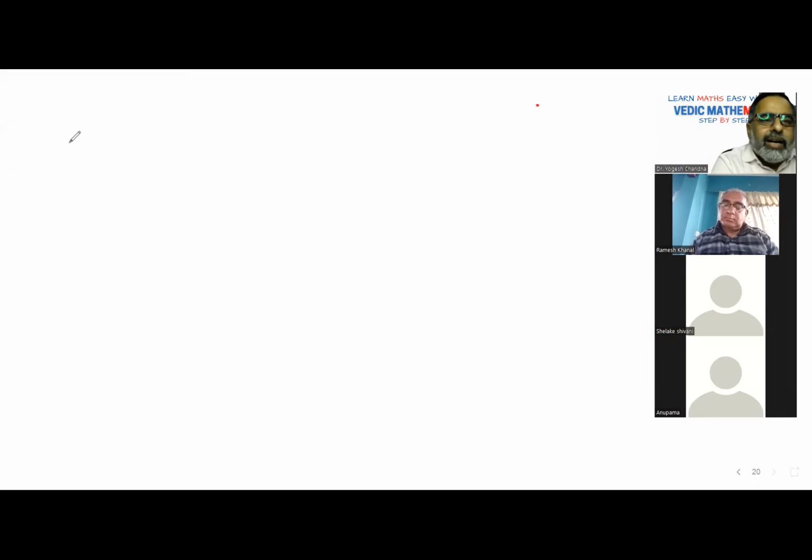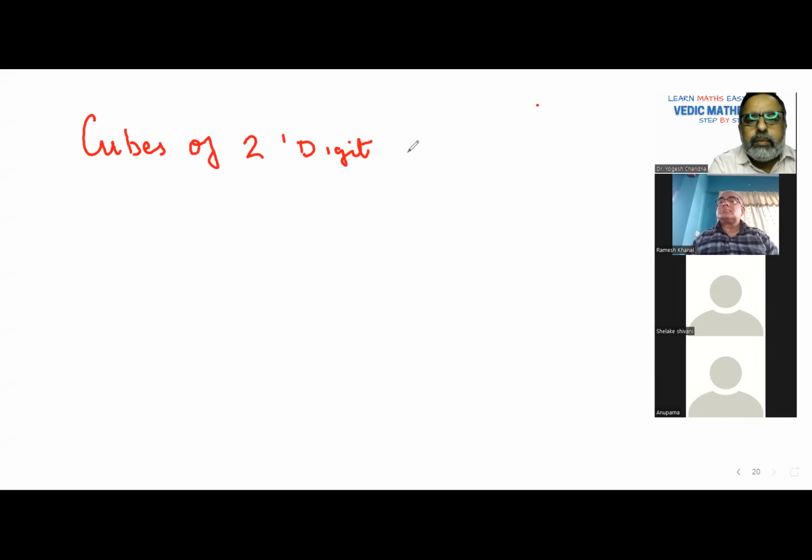Now, to make cubes understood more easily, more effectively, and in a very interesting way, we'll start with the topic cubes of 2-digit numbers. That means 11 to 99. Correct? 10 we have already done.